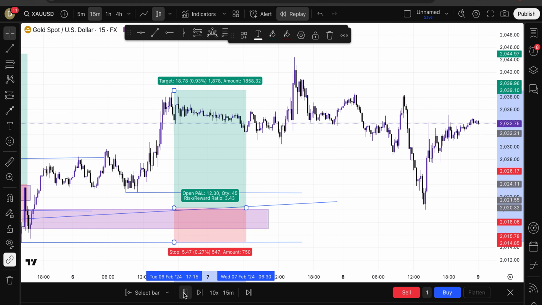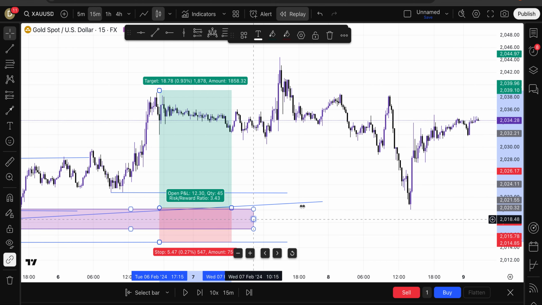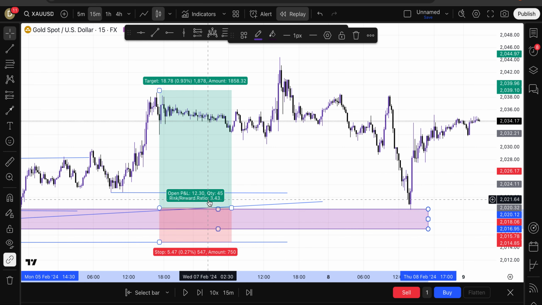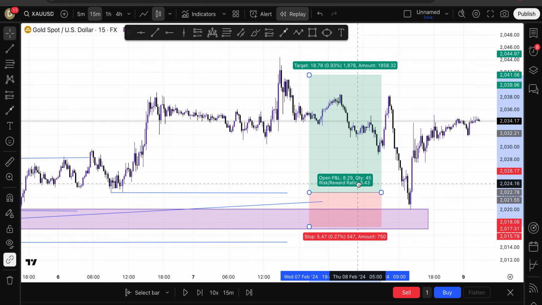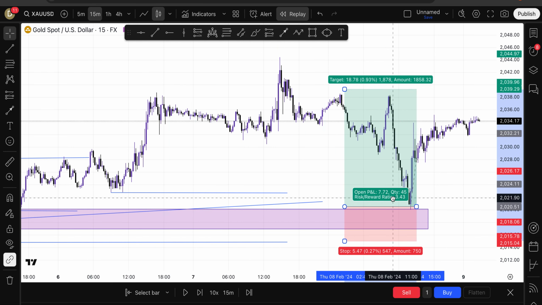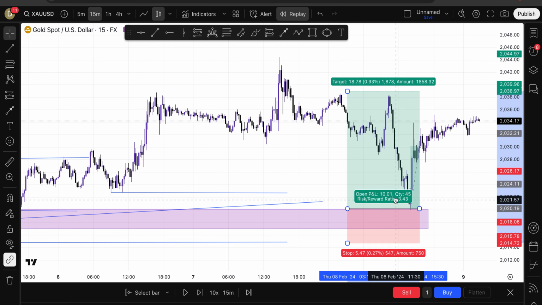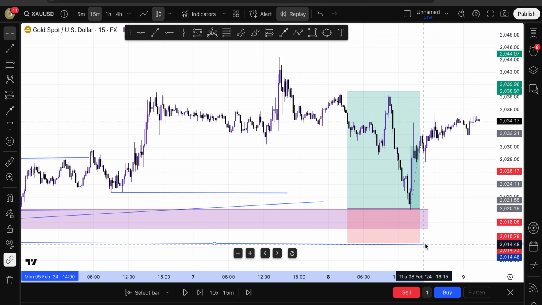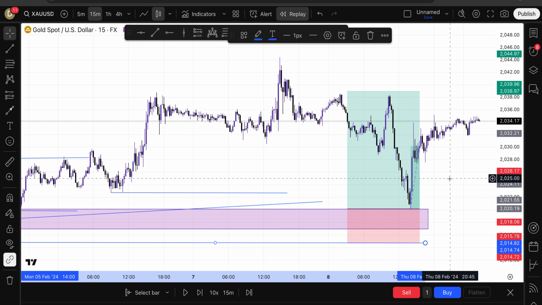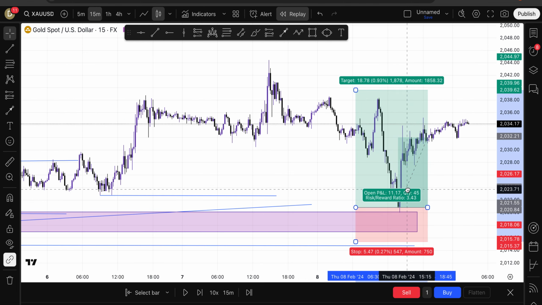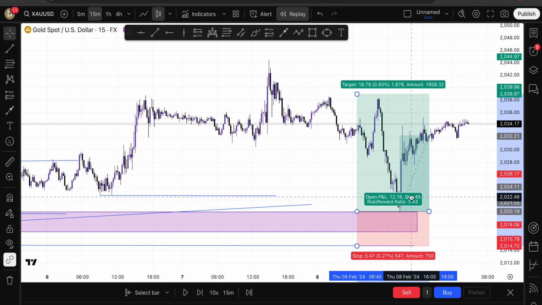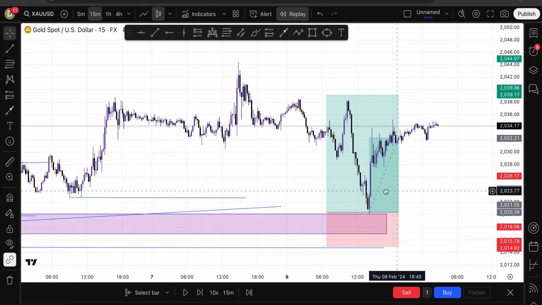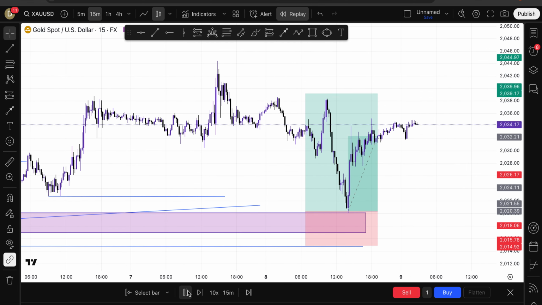Seems like we have entered this trade. Correct. I'm correct, we have entered. But there's a possibility of leaving this trade with a stop loss, is what I can guarantee you guys.